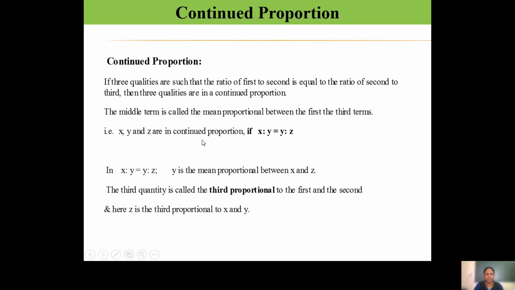So x, y and z are in continued proportion if x is to y is equal to y is to z. Here y is the mean proportional between x and z. The third quantity is called the third proportional to the first and the second, and z is the third proportional to x and y.